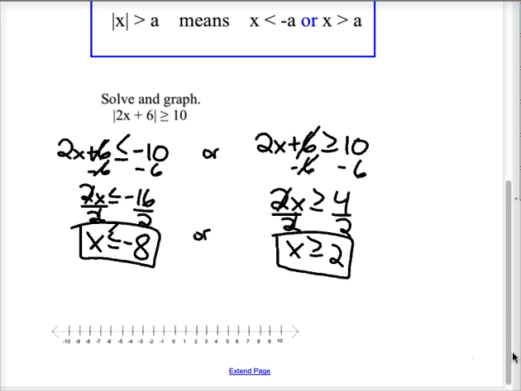Or greater than or equal to 2. So let's take a look at what this looks like. Negative 8, and I'm less than that. Up at 2, greater than that. And again, this matches the conversation we just had. We are pushing outward because it is a greater than inequality.